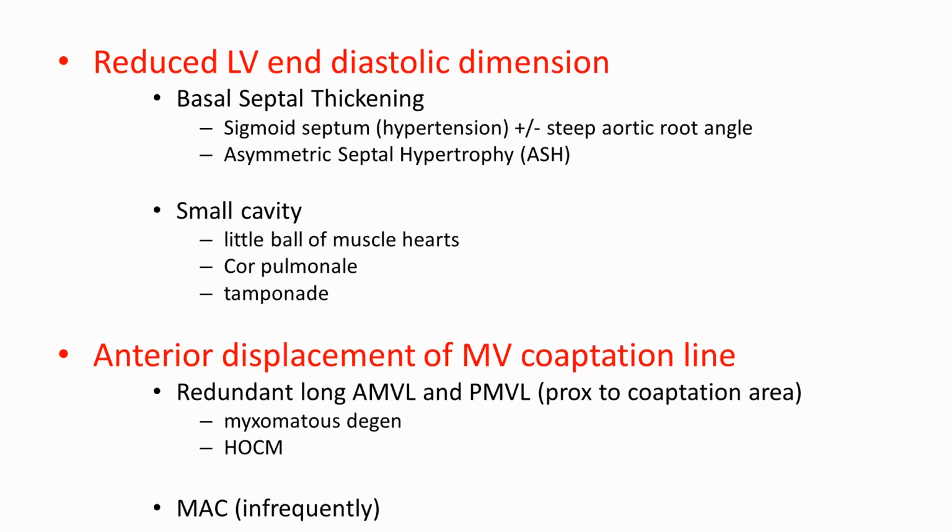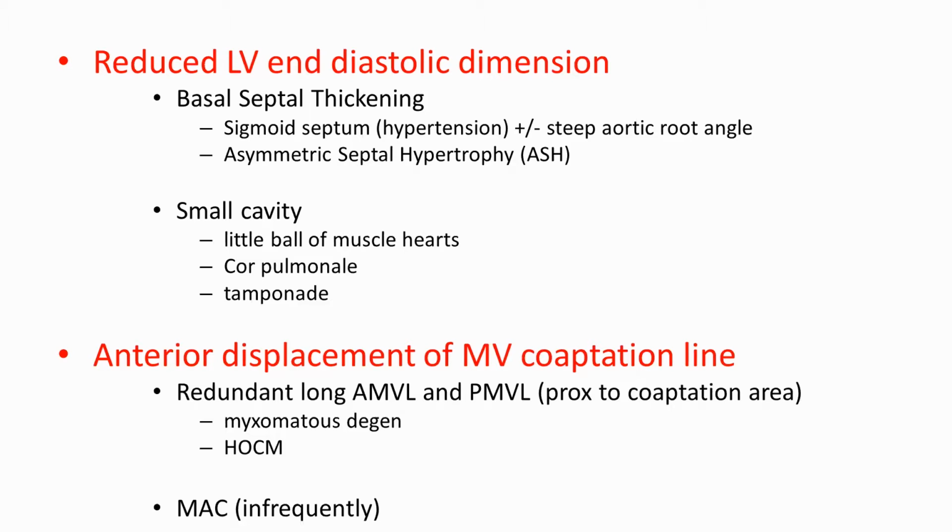You also see it, and it might not necessarily be at the outflow tract level, but sometimes mid-cavitary, that those little muscular hypertrophied hearts that we call the little ball of muscle hearts are susceptible to outflow tract obstruction, as well as other conditions that can cause a ventricle to be squashed up, such as cor pulmonale and occasionally tamponade. So the second anatomical substrate, as we mentioned, is the anterior displacement of the mitral valve coaptation line.